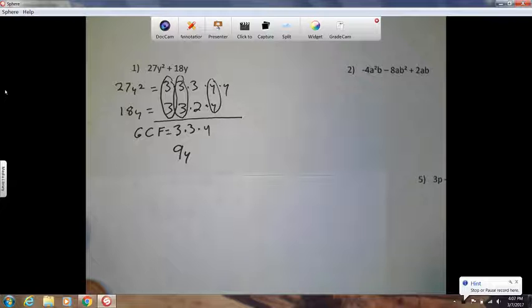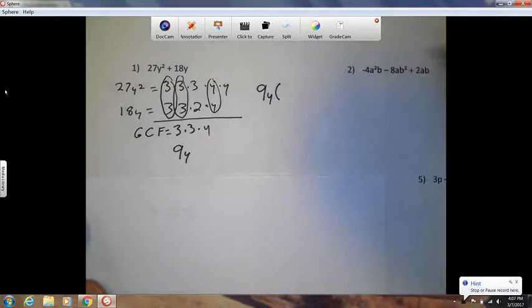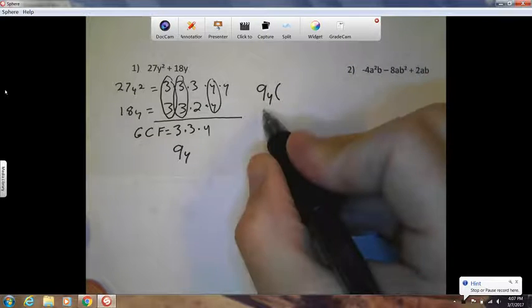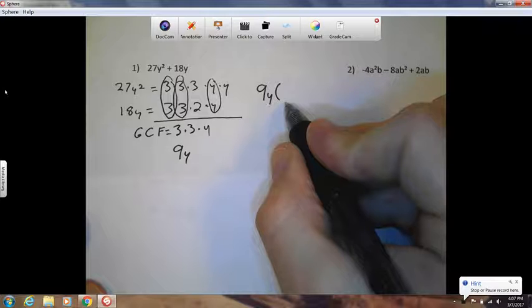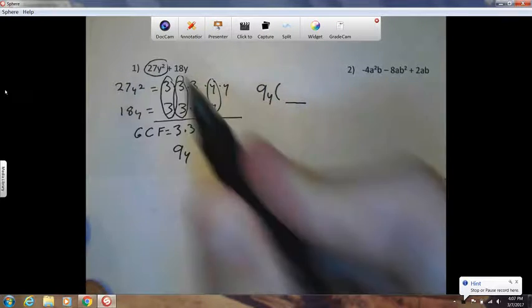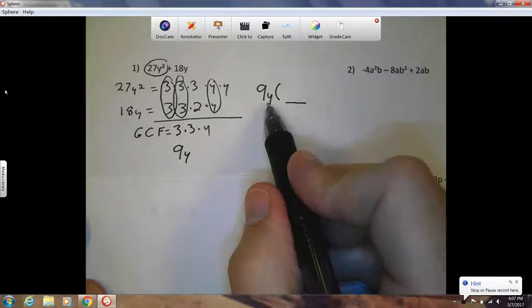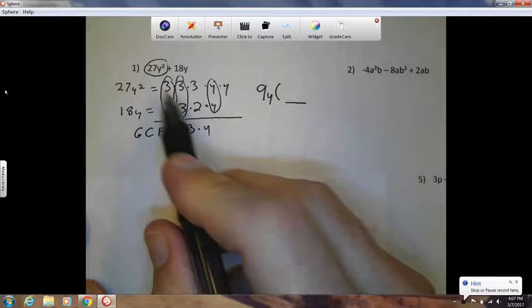So I have 9y. I'm going to open up my parentheses. Okay, so 9y multiplied by something is going to give me 27y squared. So that's how you can check your answer.